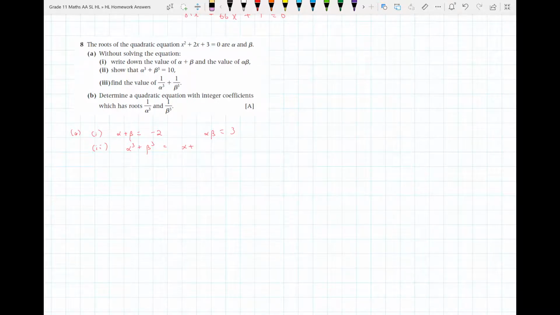So we'll pretend we don't know what the answer is, and we will just calculate what that is and see our answer matches with theirs. So this will be -2 all cubed. It's -8 plus 18, which is 10. There you go.